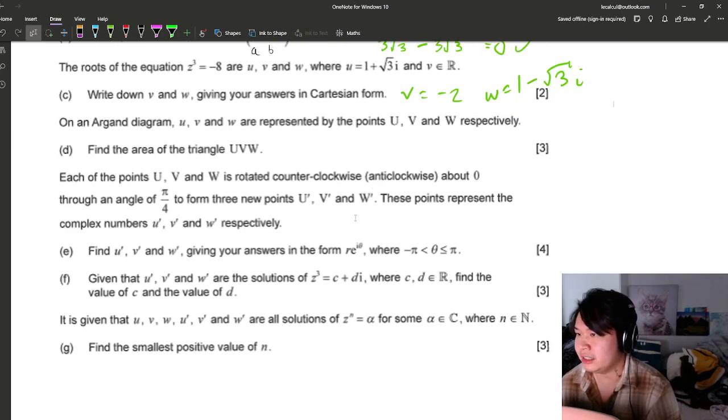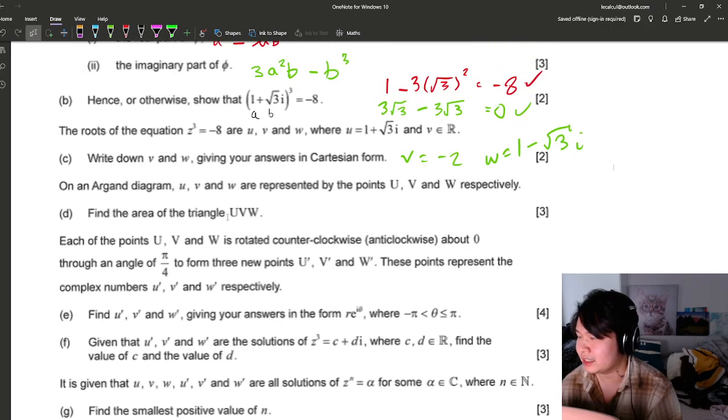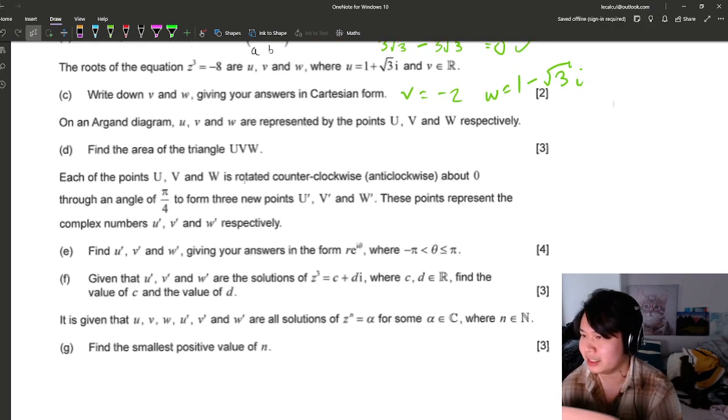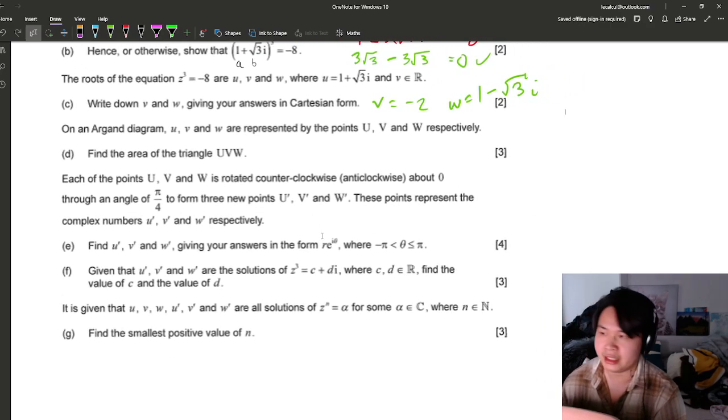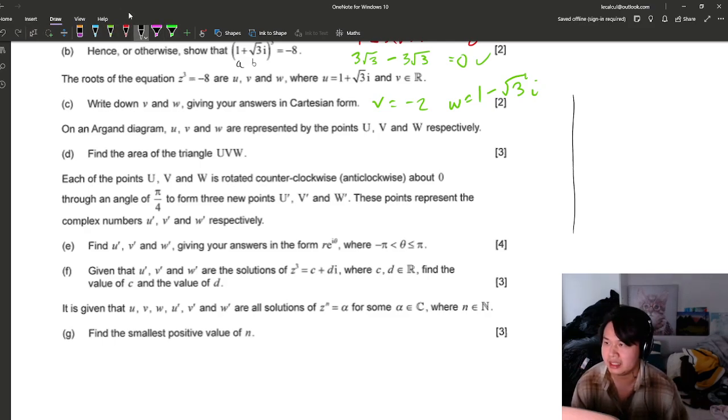And then we need to do an Argand diagram. Let me guess, I need to find the area of the triangle that it makes. That's a very traditional question. So here's my Argand diagram. One of my solutions is -2. I have another solution here.